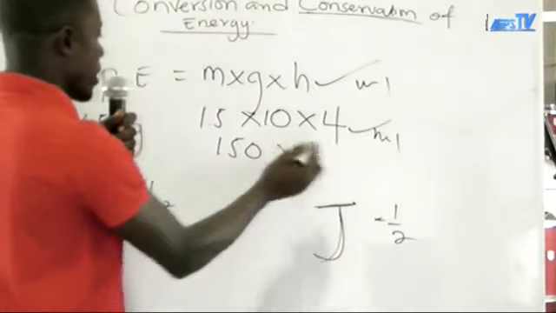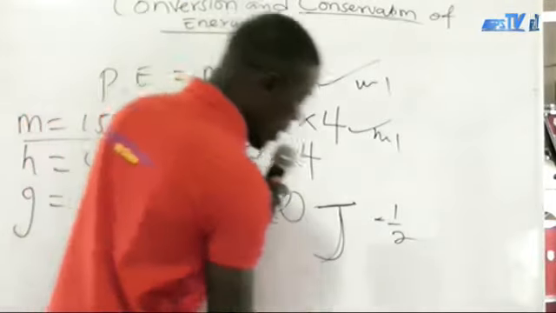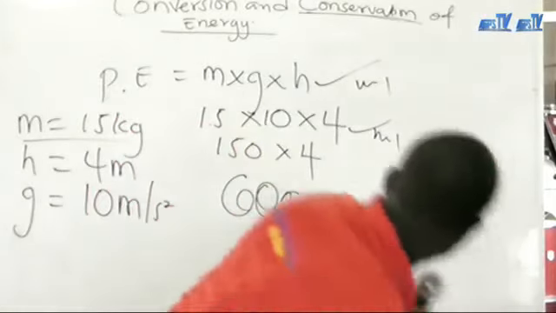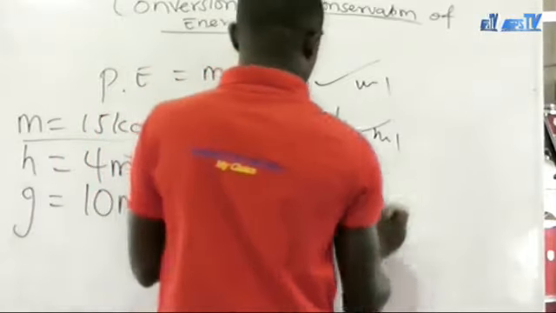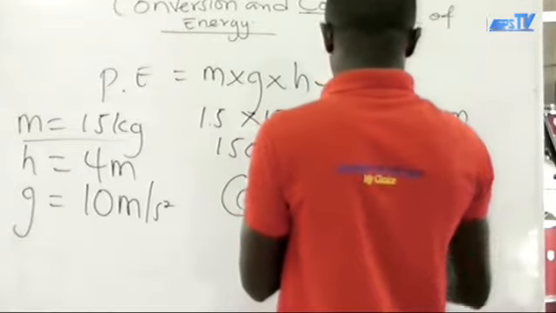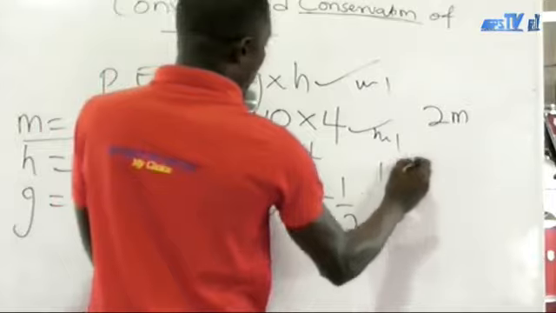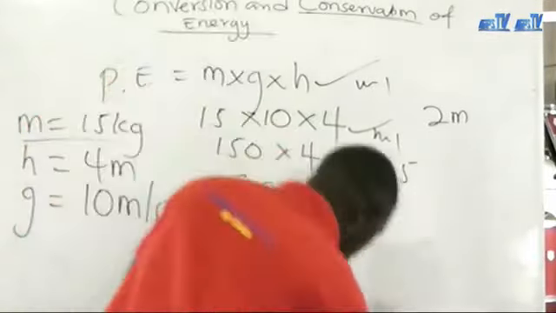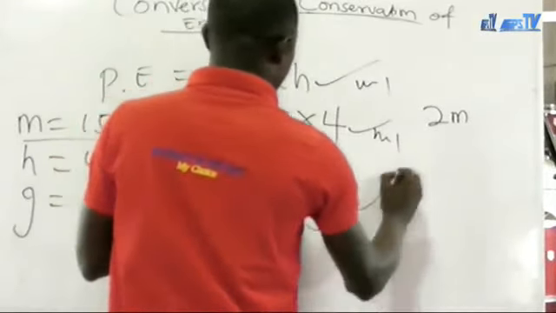So after writing it, this one will give you 600 joule. If you write only 600, they will deduct a mark from your answer. Here you got 2 marks, but instead of getting all the 2, they will deduct a mark, so you get 1.5 out of the 2. If you're able to write down the units attached to the figure, they will mark it M1.